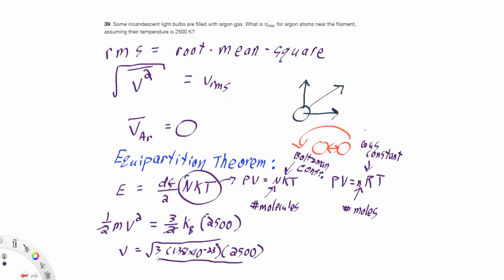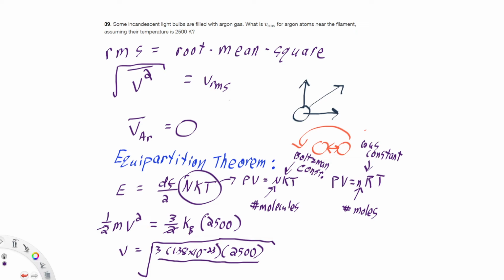And what's the mass of an argon atom? 39.95 grams. 39.95 what? Grams. A single argon atom is 39 grams? No, I'm sorry, so 39.95 grams, for one argon atom. Seems like a little much.